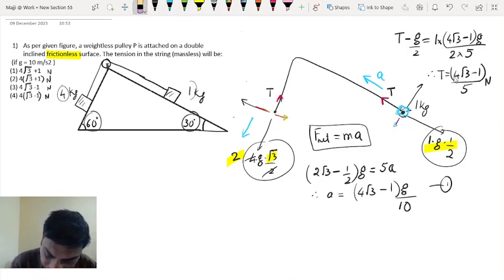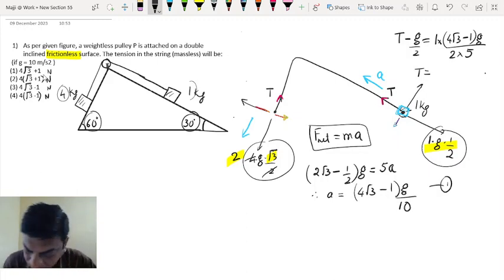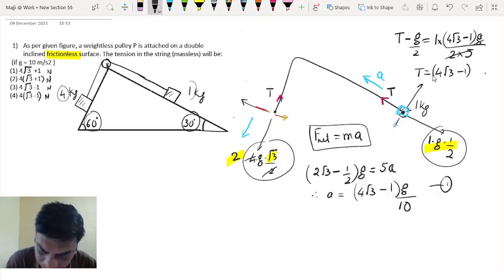Sorry, I have to add it, isn't it? So here you can find T, you have to put g equal to 10 here. So this gets cancelled. You have 4 root 3 minus 1 plus 5.